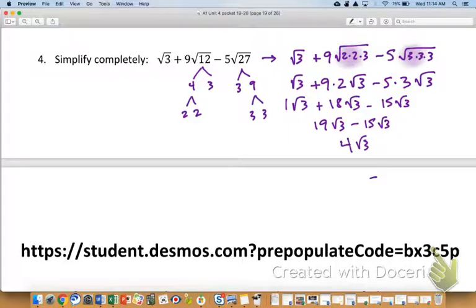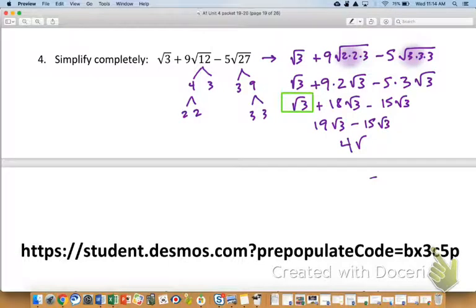I got 18 minus 15. Oh, so you just missed the fact that this is 1 root 3. And if you have 1 of them... Why is that 1 root 3? Oops, let me erase this. How many root 3s are in the green box? 1.